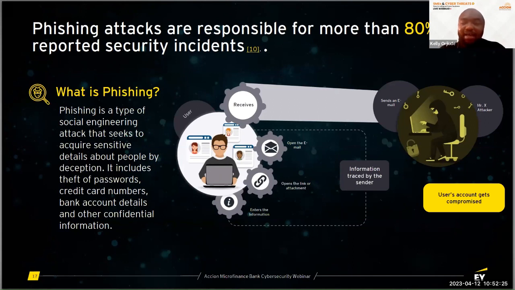I have been called to investigate a lot of breaches that happen where people receive emails from their managing directors or from HR saying, authorize this transaction. And because it's coming from the MD, nobody wants to call the MD to question and say, MD, sir, are you the one that sent this? And they go ahead and authorize those transactions. Or it comes from the CFO, and you go ahead and authorize them.